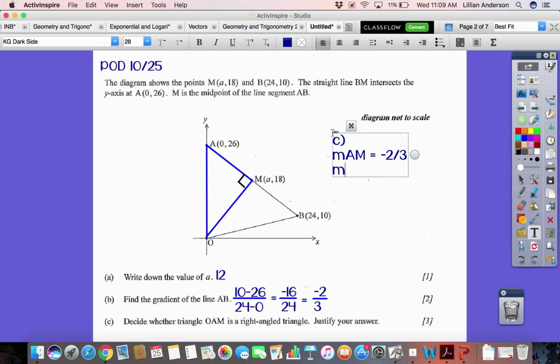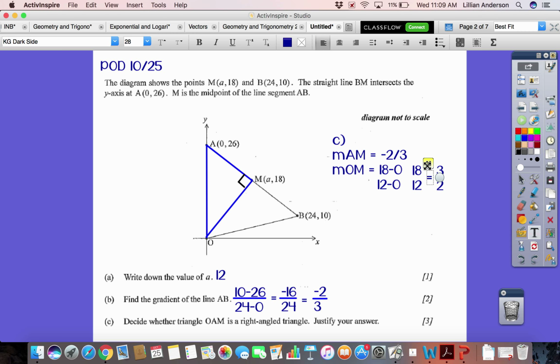Why not go ahead and find the slope of OM? Okay, the slope of OM. Since you already know that A is 12, you would go ahead and do 18 minus 0 all over 12 minus 0, because 0 is the origin. So then you would have 18 over 12, and 18 over 12 reduces down to be 3 over 2 because both of them have a 6 in common, okay?